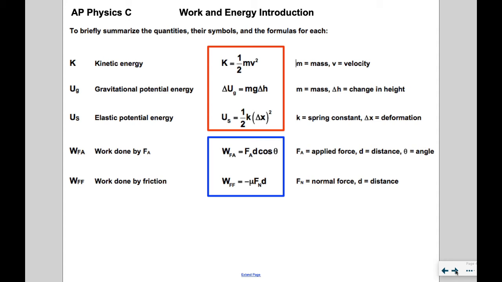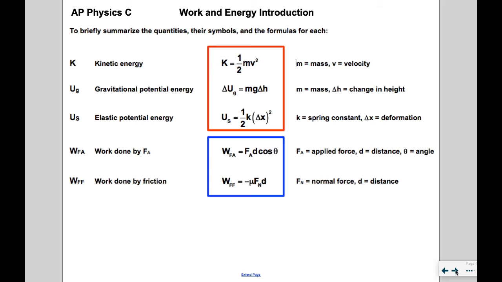What we're going to find now is that the change, the delta U sub g, where we have mg delta h, where h equals 0 becomes irrelevant. So we look basically at delta h, which is the change in height. We look at where it was at the beginning and where it was at the end. And that delta h, change in height, is what we're concerned with, not necessarily where h equals 0.